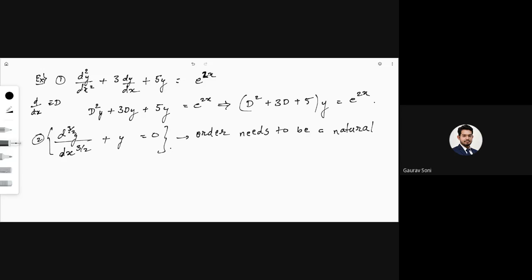Make this clear. So I won't consider this. Of course, it is homogeneous because the right hand side is 0.